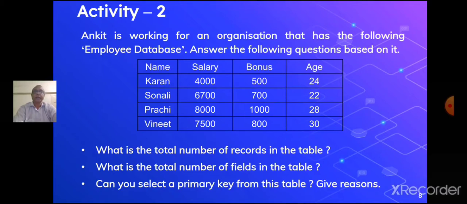Now coming to the second question, what is the total number of fields in the table? As there are 4 columns with different data in the table, so the number of fields are 4. The last question, can you select a primary key from this table?